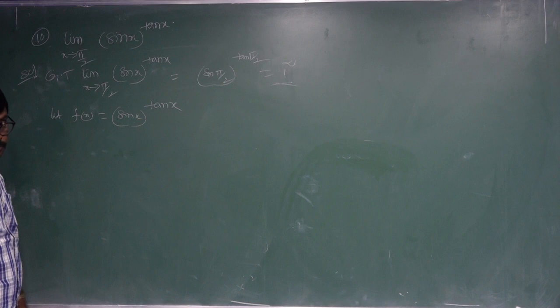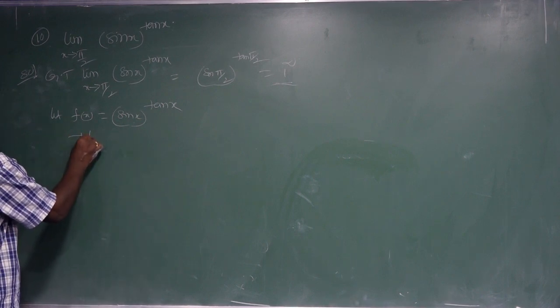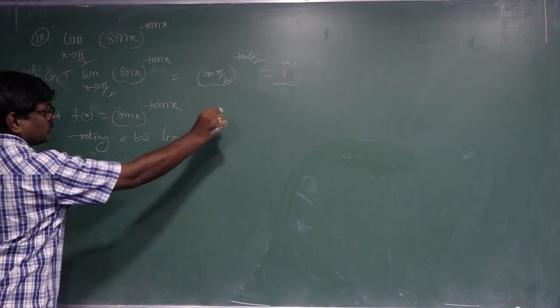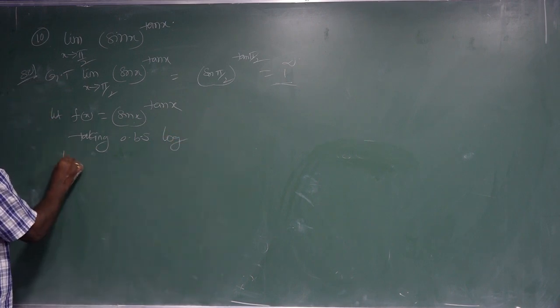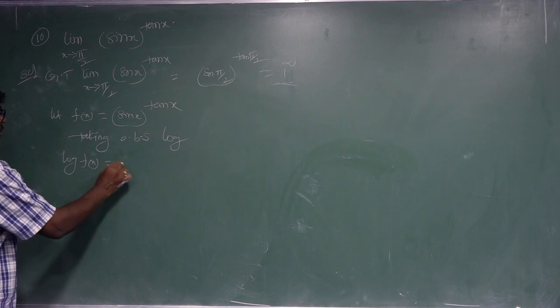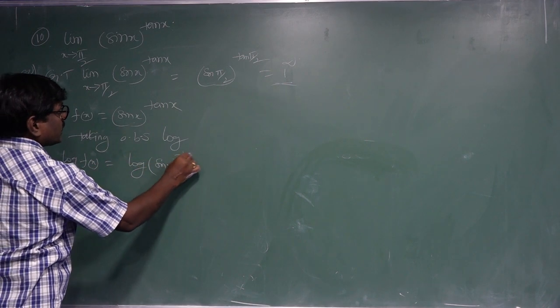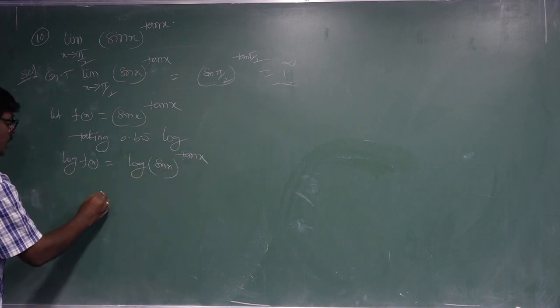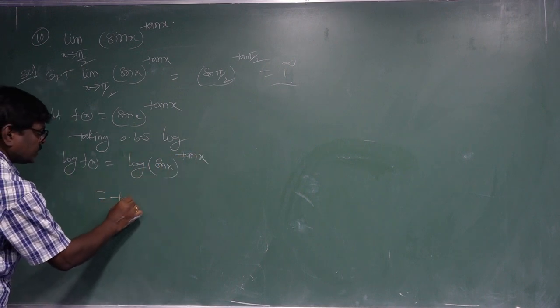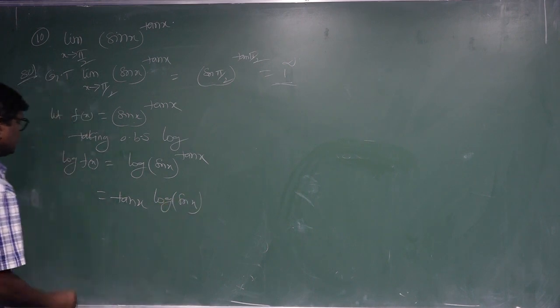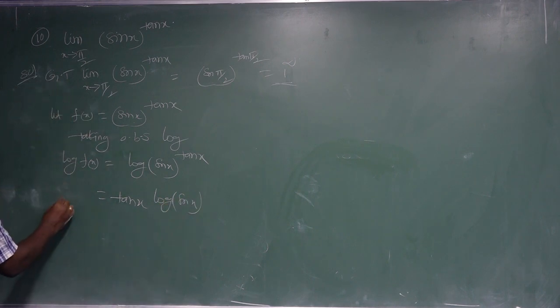Taking log on both sides, log of f of x equal to log of (sin x) power of tan x, by the formula equal to tan x into log of sin x. Now apply limits on both sides.